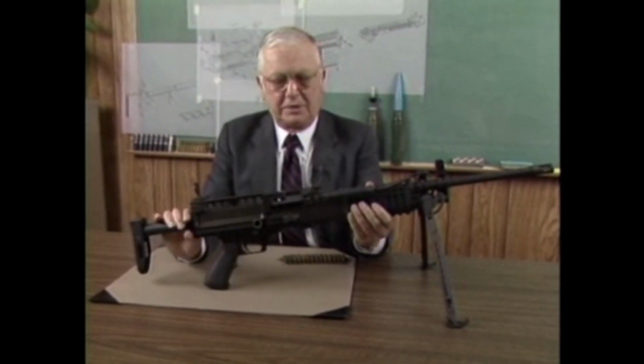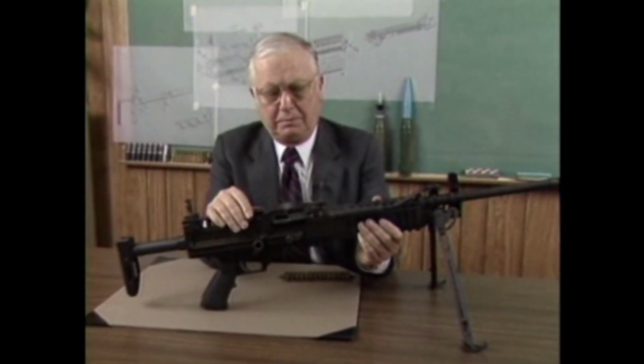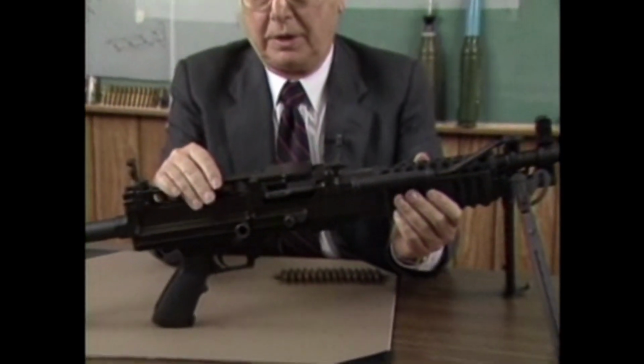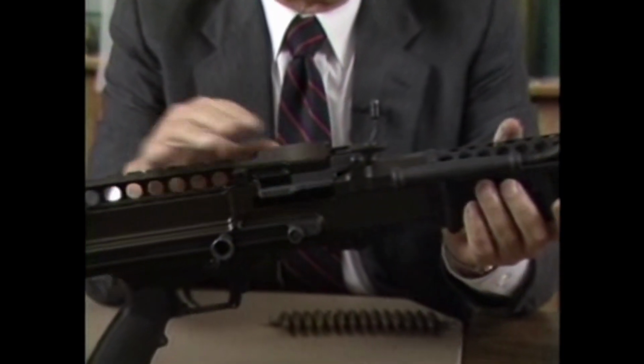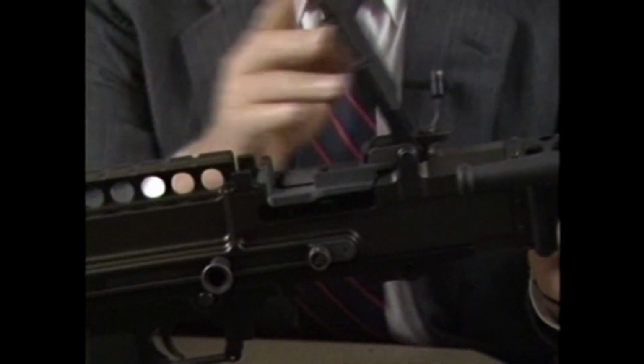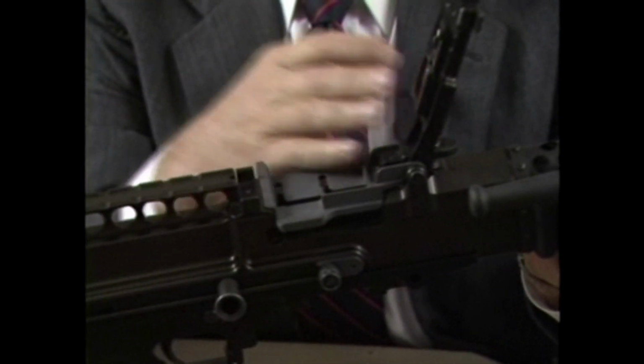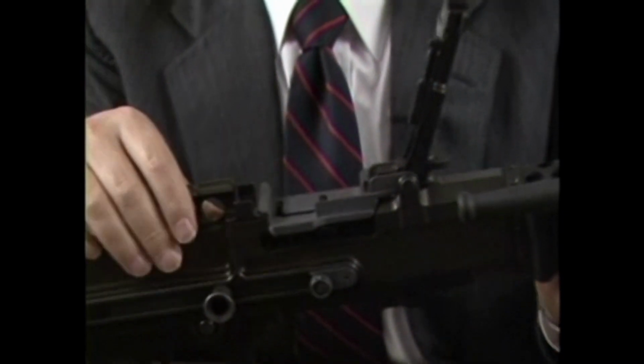So the feed system is a little unique, or I think different than anything on the market right now. The fact it's a very compact, simple system. You can see there are very few parts involved in the feed system or feed cover compared to most machine guns.